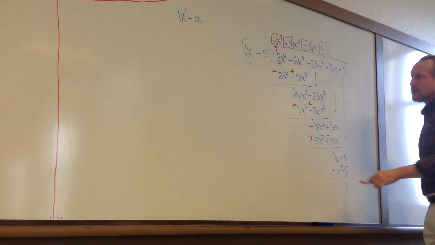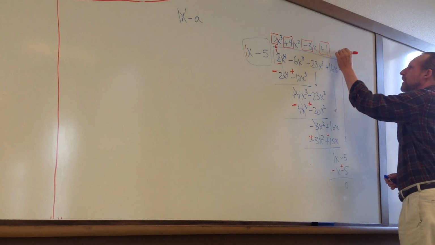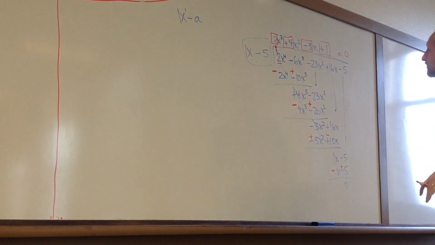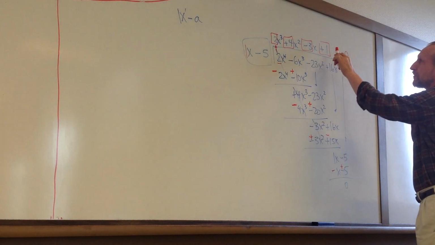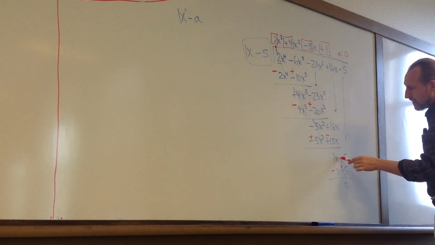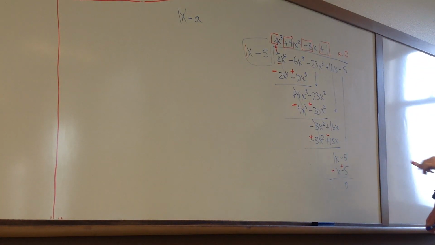And then this remainder of 0, I'll put it up here because not everything's going to have a remainder of 0. But the remainder, again, is going to come from 1 times negative 5, change the sign, positive 5 and negative 5 makes 0.